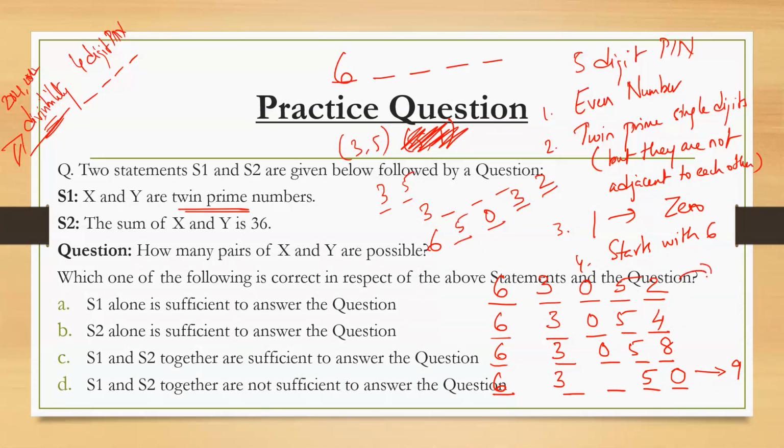So here two such possibilities because 3 5 and 5 3. Here again two possibilities, that is 63054, 65034. Again two possibilities here. 9 possibilities plus 9 possibilities, because again it is 3 and 5 and 5 and 3. Is this clear to everyone, what we have done?